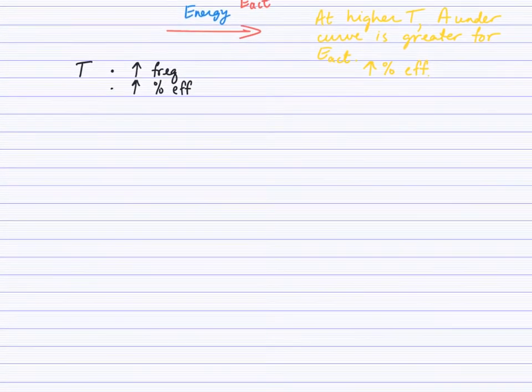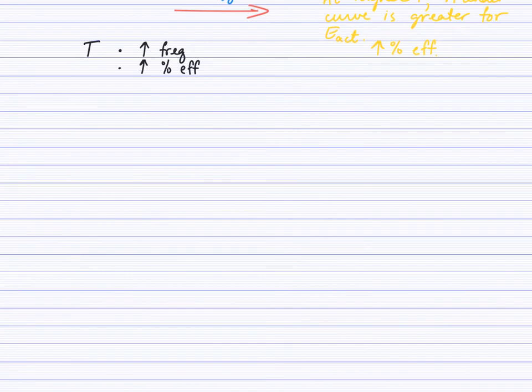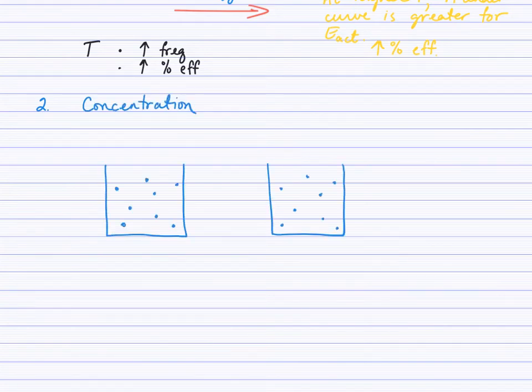Okay, so we just need to go through our other factors, but temperature was definitely the longest one there. Second factor to look at is concentration. Okay, so I'm showing a reaction vessel, imagine it to be a beaker, and there's a substance. I put 8 blue dots inside each one here. So in the first beaker, I'm going to put only 3 red dots.